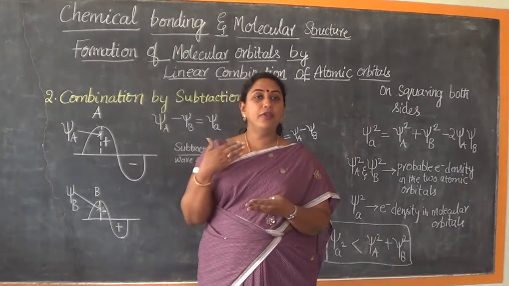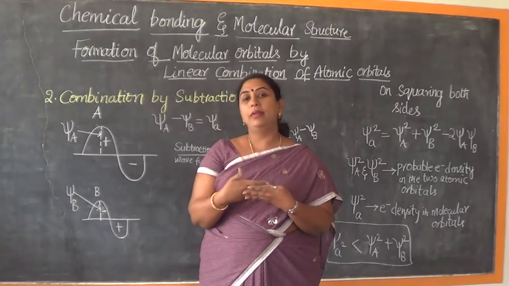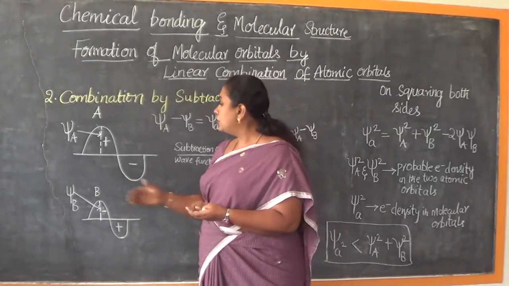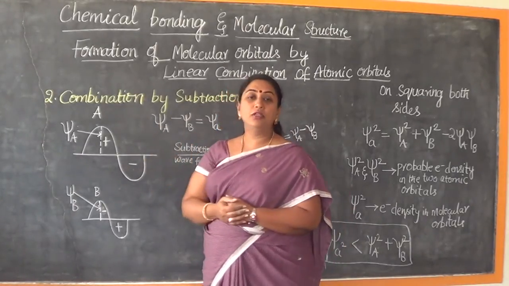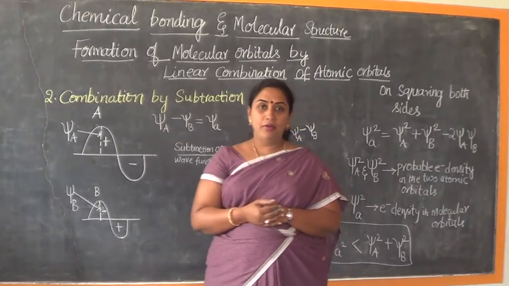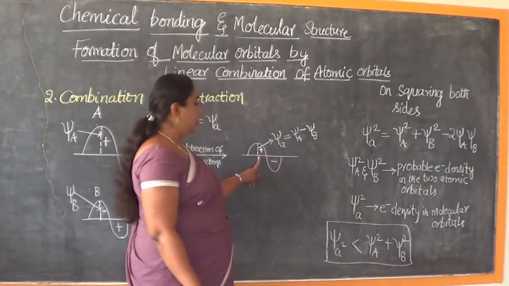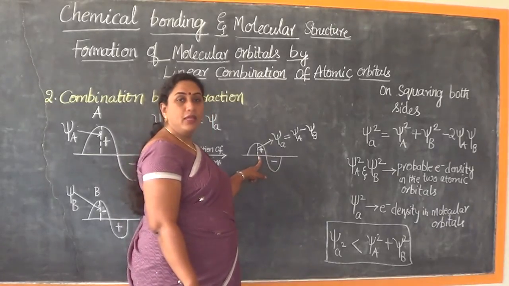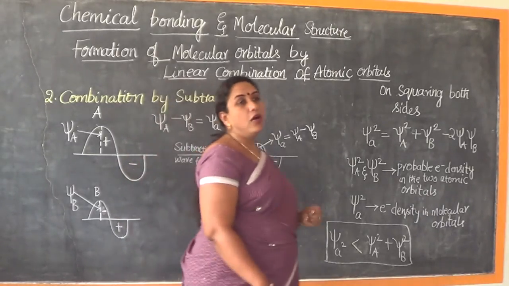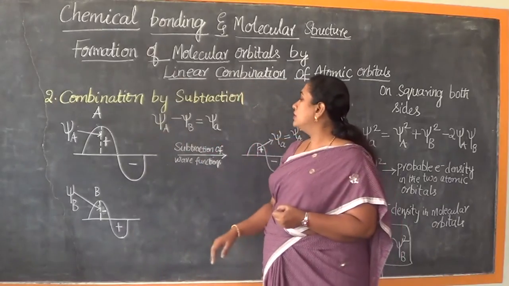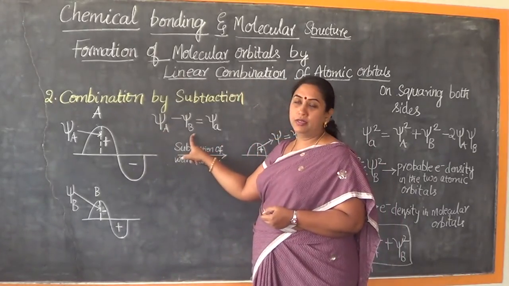So when out of phase waves undergo linear combination, they result in the formation of another wave which will have lesser amplitude than them. Look at this, this has a lesser amplitude. It is because these two wave functions are undergoing subtraction.